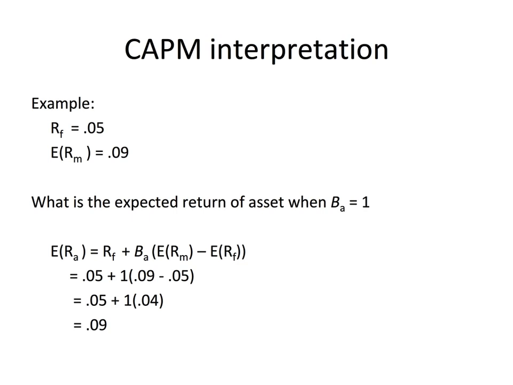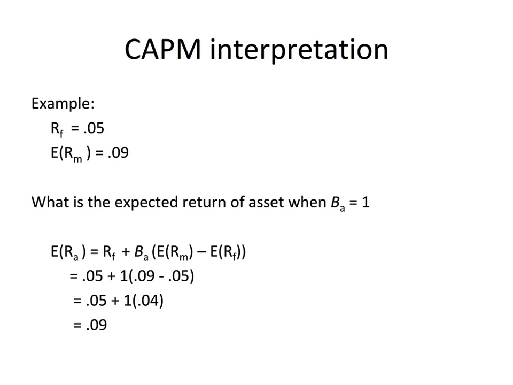Let's take an example. Let's say the risk-free rate is 5% and the expected return on the market portfolio is 9%. An asset has a beta equal to 1, and we can calculate its expected return, again given by the security market line.